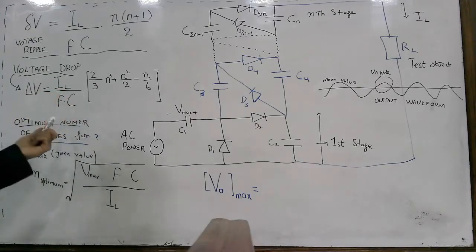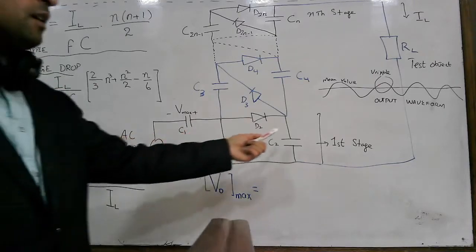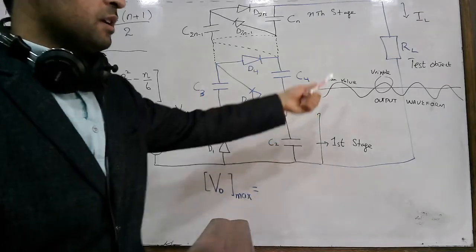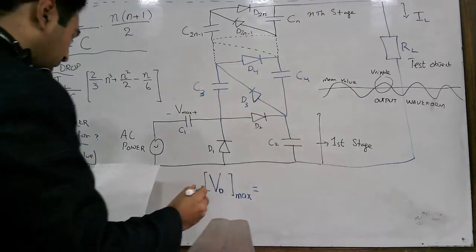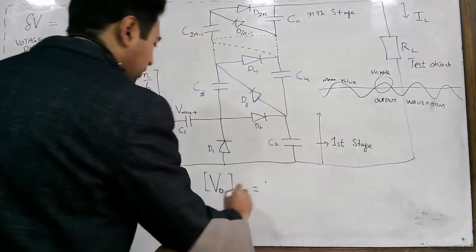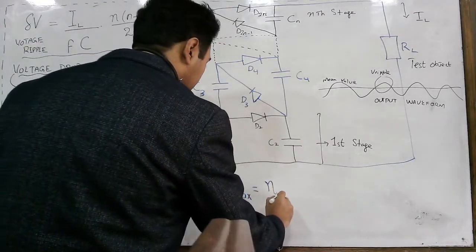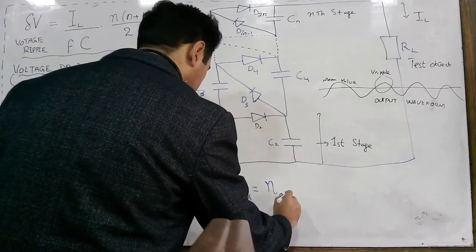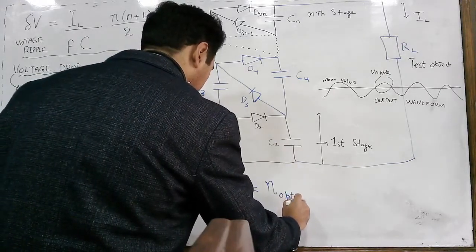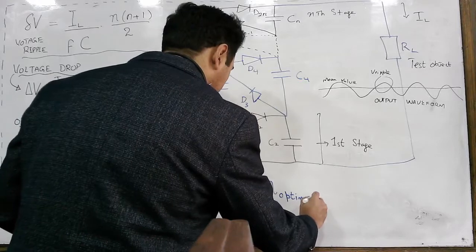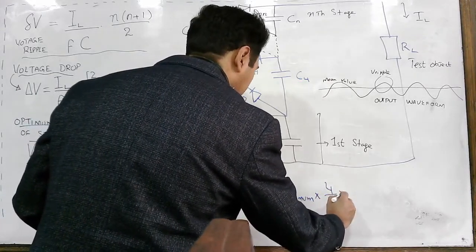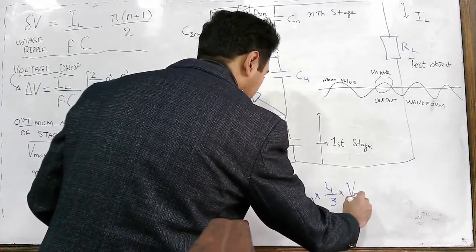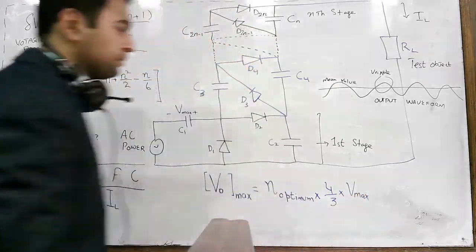So these factors define what the output voltage under the test object will be, and this is given by the equation: V output maximum is equal to N optimum multiplied by 4 by 3 multiplied by V max.